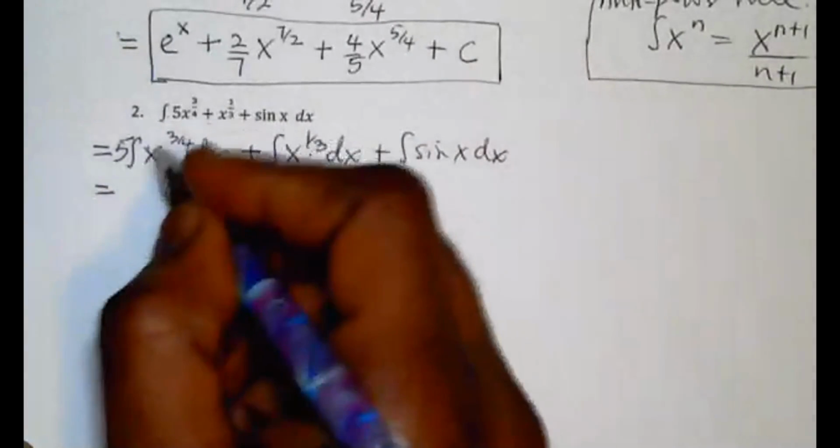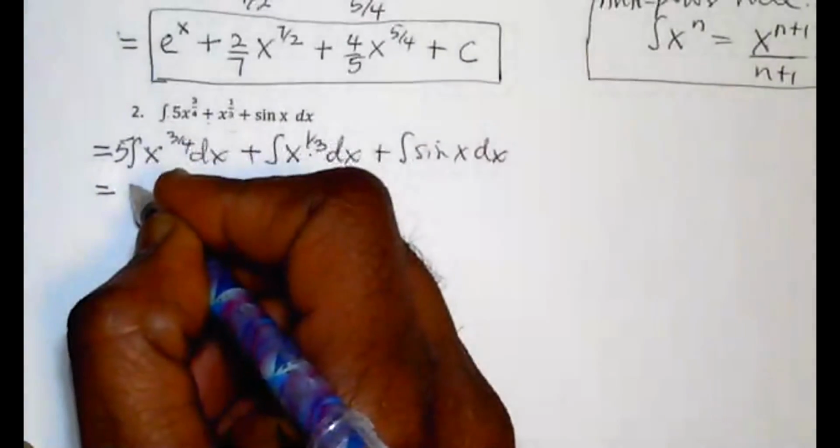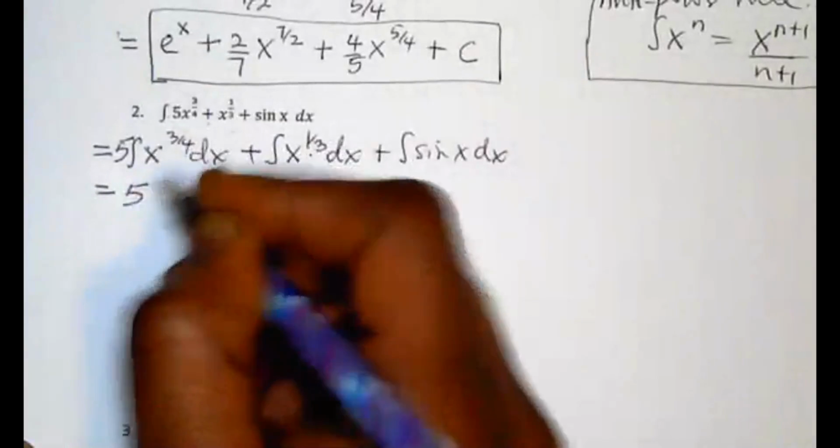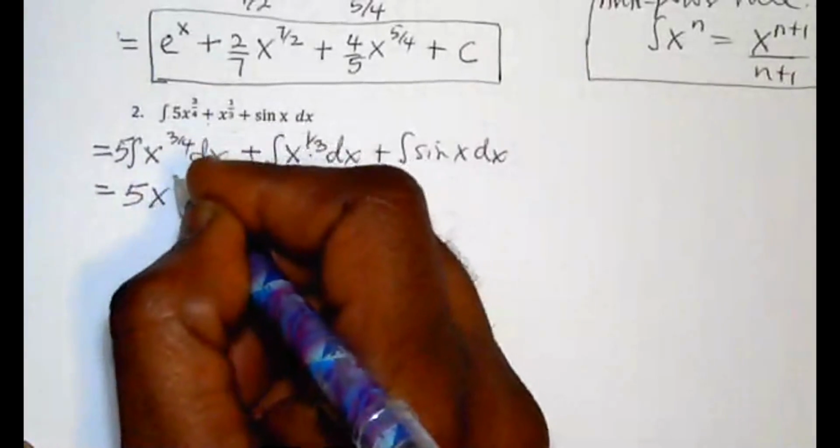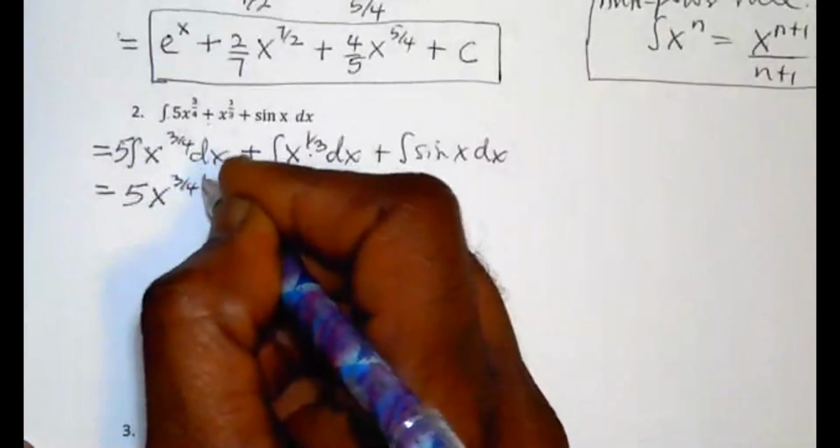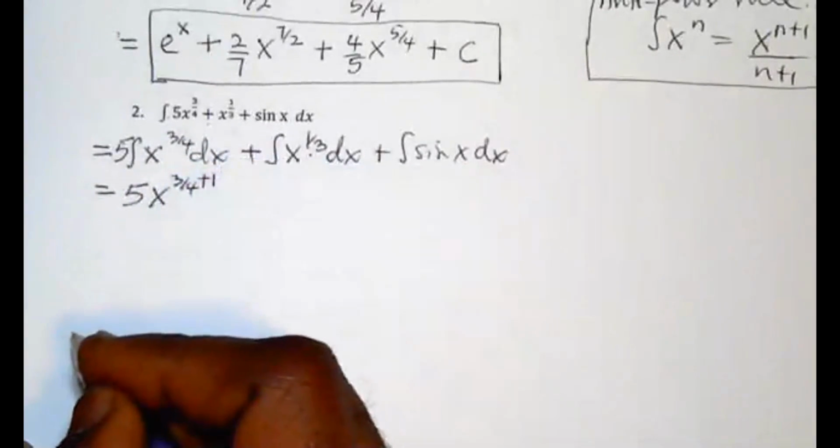So we can find the integral of this, x to the power 3 over 4, so that it becomes 5 times x raised to the power 3 over 4 plus 1, power rule, anti-power rule, right?